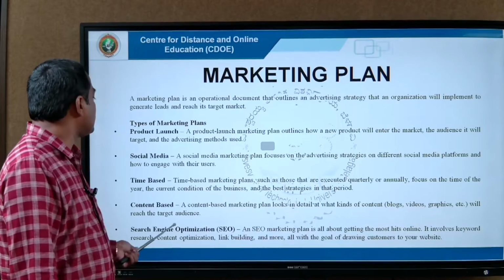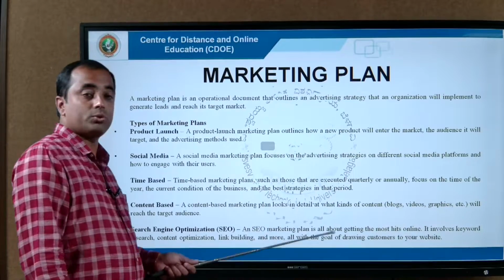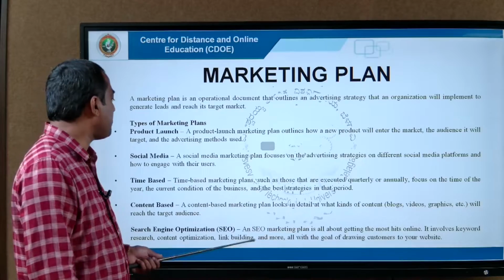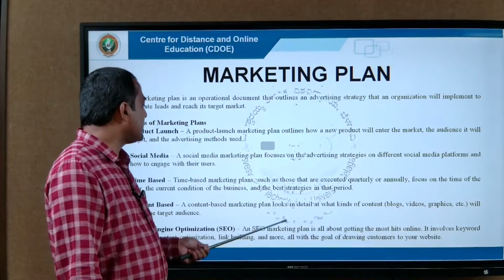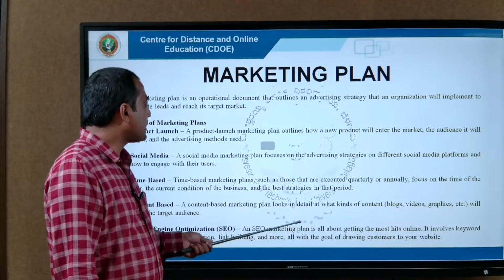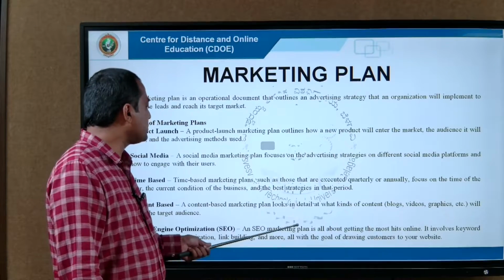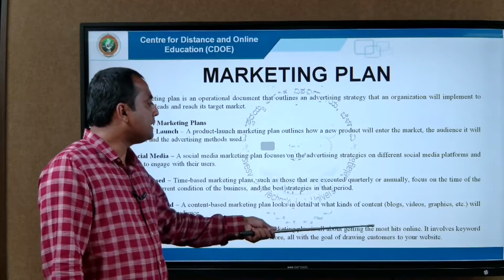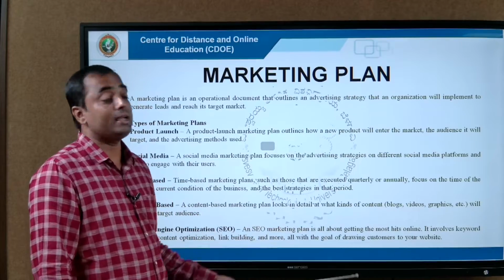Then search engine optimization. Again, this is also a marketing plan. An SEO, or search engine optimization, marketing plan is all about getting the most hits online.